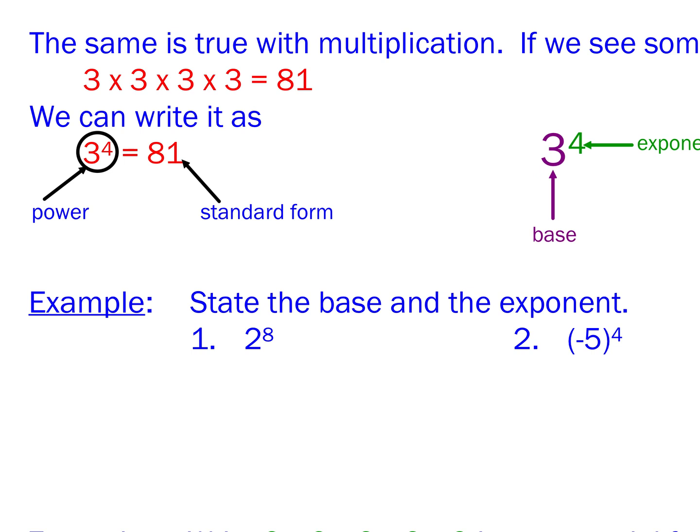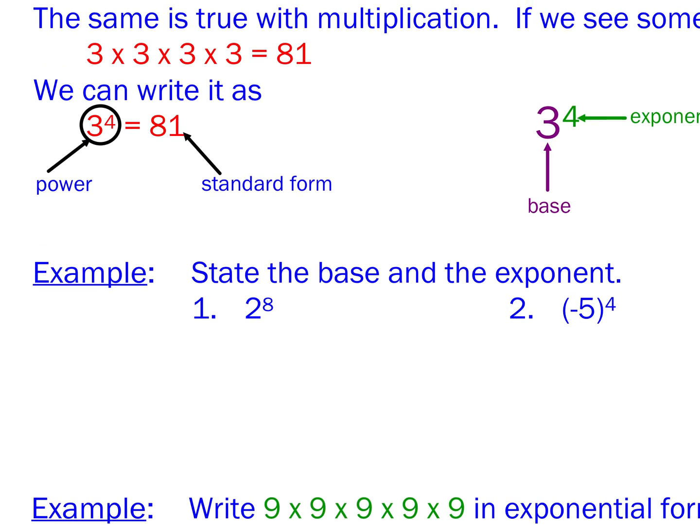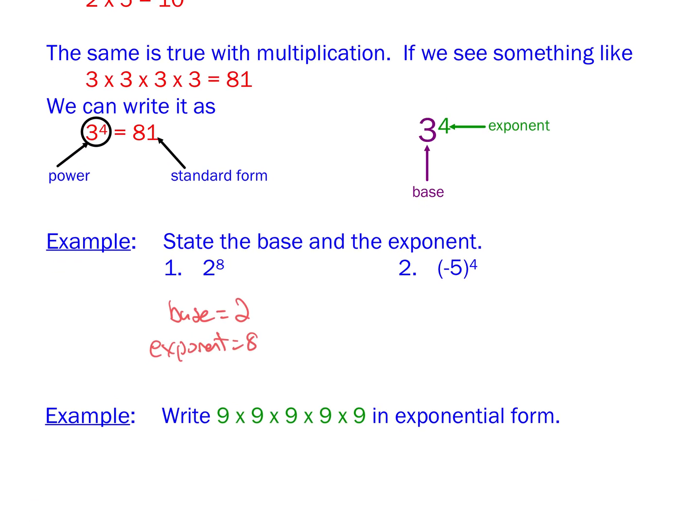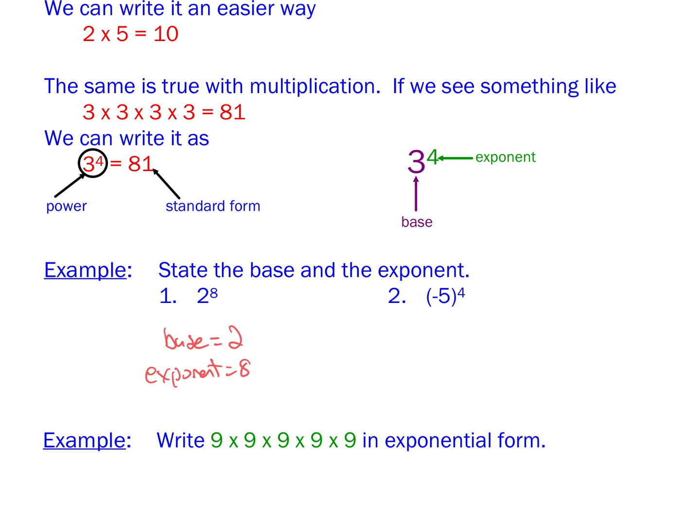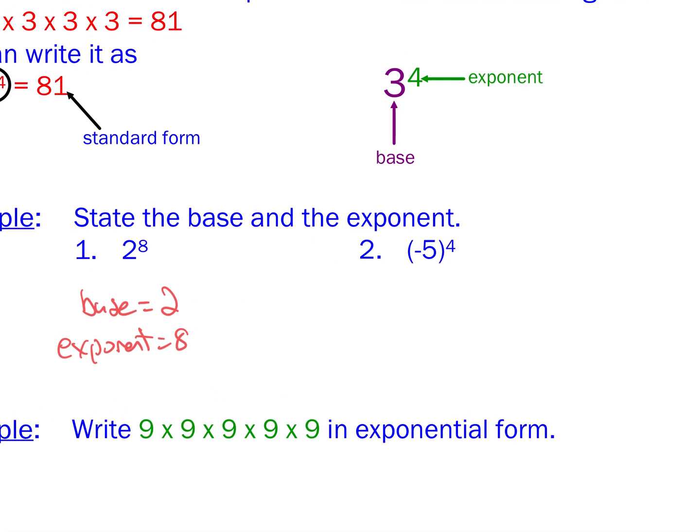State the base and the exponent. Okay. Number 1, what's the base? 2. Very good. And what's the exponent? 8. Awesome. Okay? That's great. That's it for the first one. Okay, next one. What's the base?